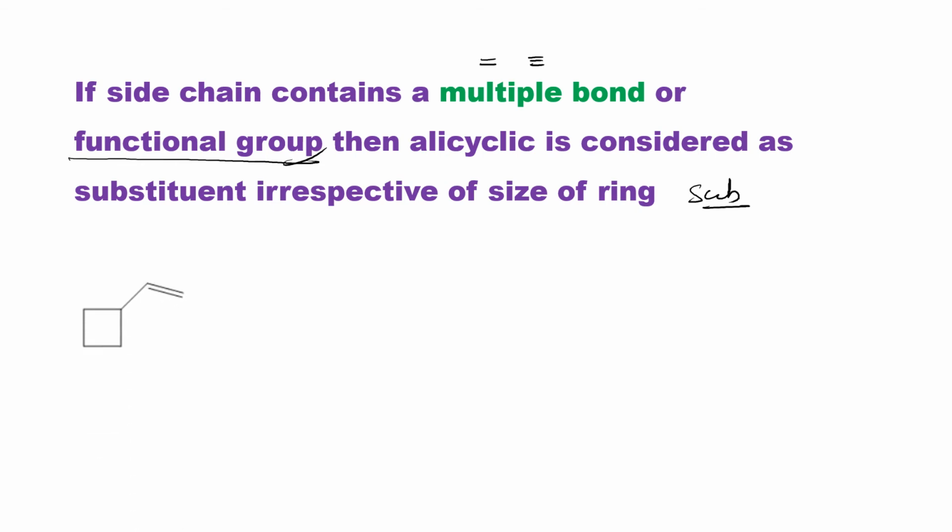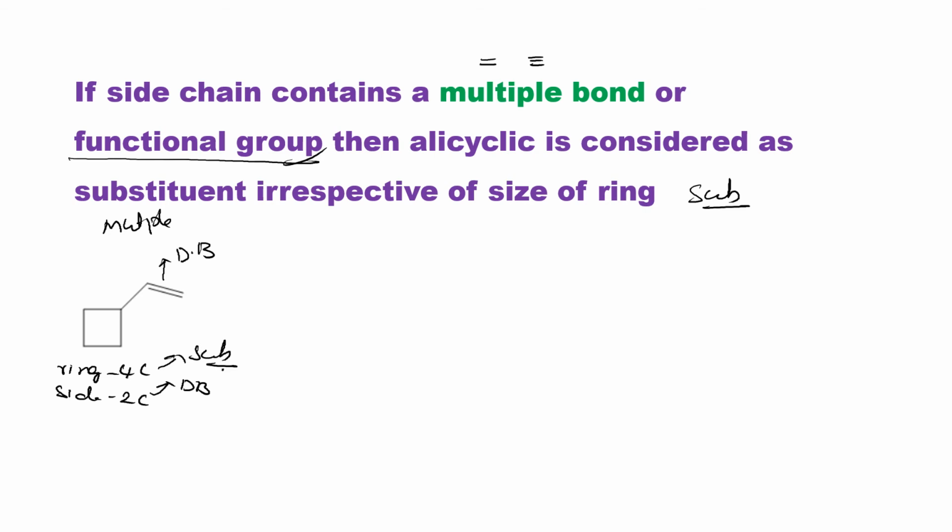So for example, here I have taken one that contains a multiple bond, that is nothing but a double bond. Here the ring has more carbon atoms. The ring has 4 carbon atoms, but the side chain has only 2 carbon atoms, but it contains a double bond. Hence, this ring should be considered as a substituent.